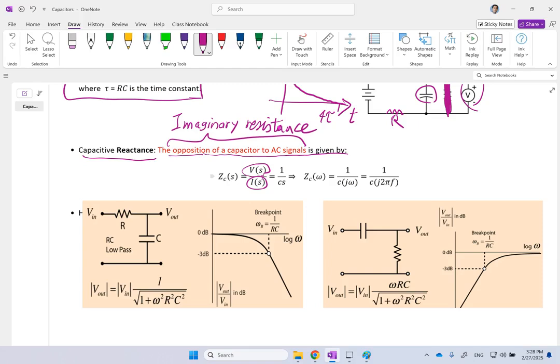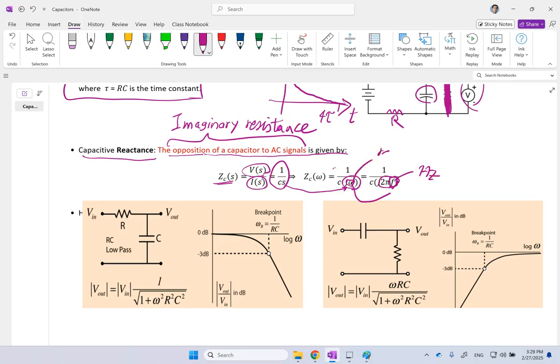In circuits, you might also call it impedance, and that is 1 over CS. Okay, how? I'll show you. And then in the frequency domain, for S you replace it with j omega. So it's going to be 1 over C j omega. And then for omega, because omega is a frequency in radians per second, you can replace it by 2 pi f, where f is the frequency in hertz.